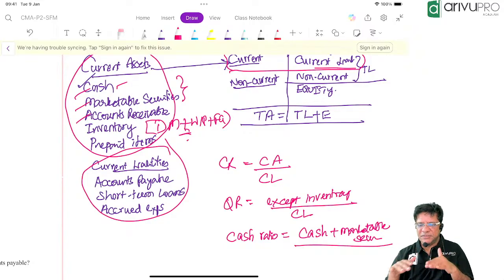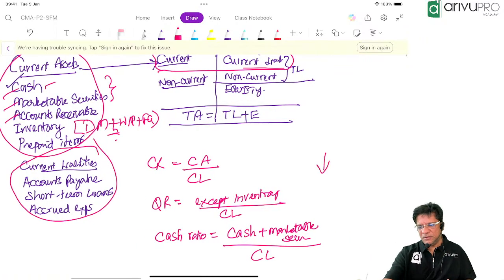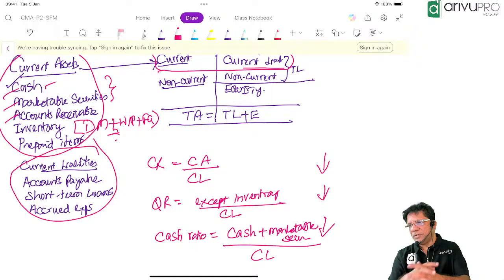When the numerator is reducing and the denominator is the same, the ratios will come down, come down, come down. Why? First of all, the numerator is reducing, and we want to be conservative in understanding these microscopic ratios.